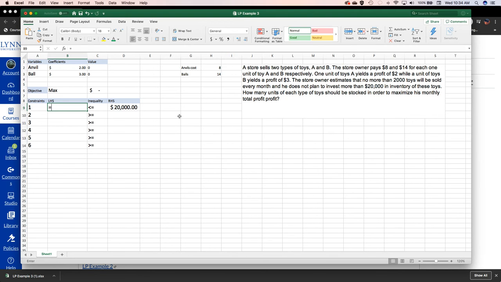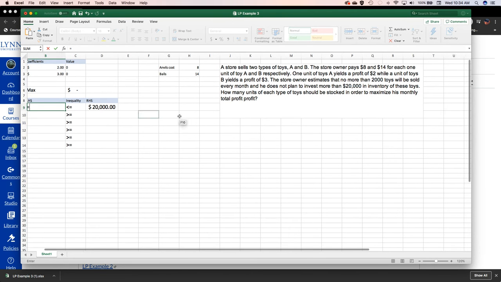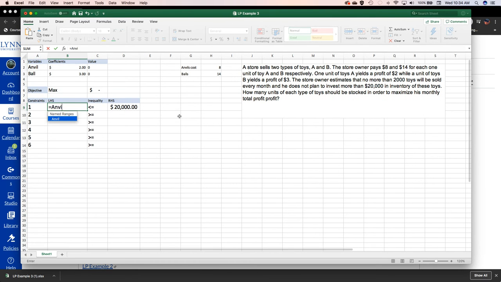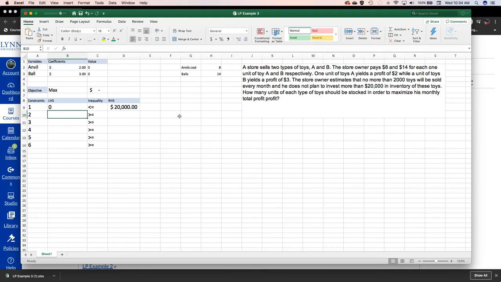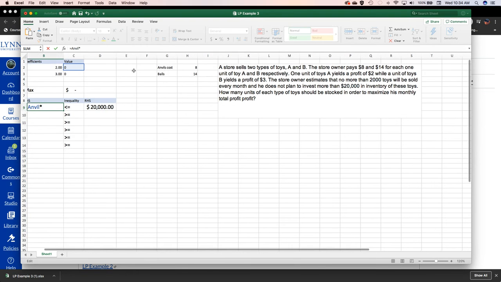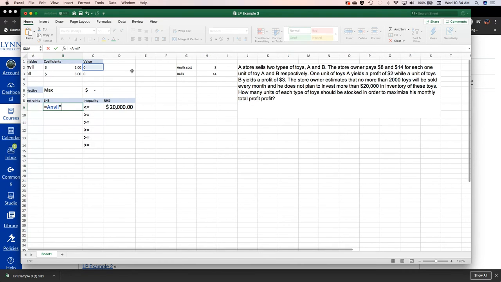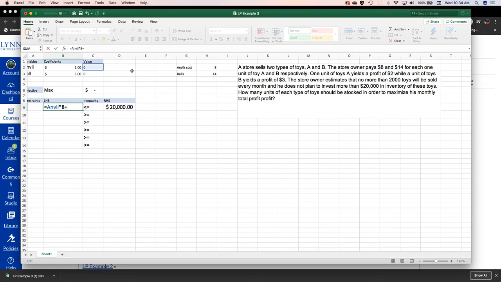And so all I have to do now is say equal to the number of anvils, excuse me, times the cost of the anvil, which we said was $8, plus the number of balls times the cost of the ball, which is $14.